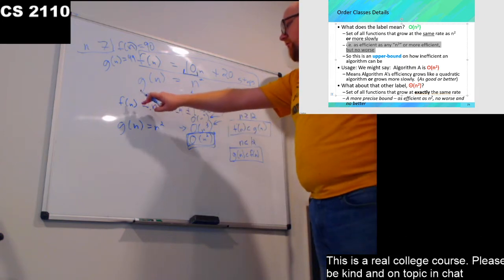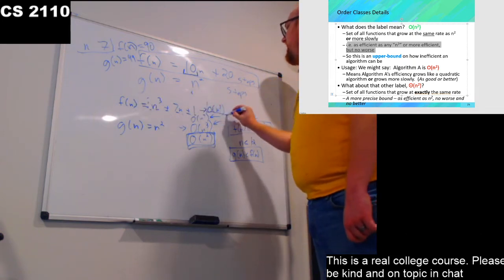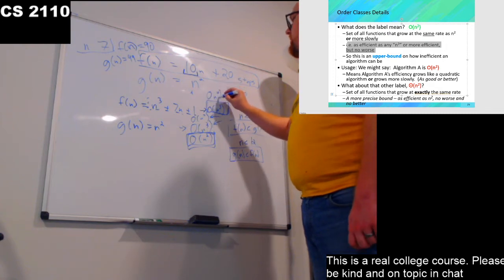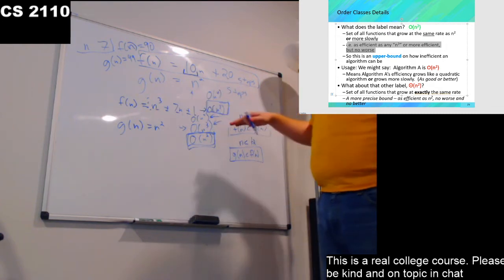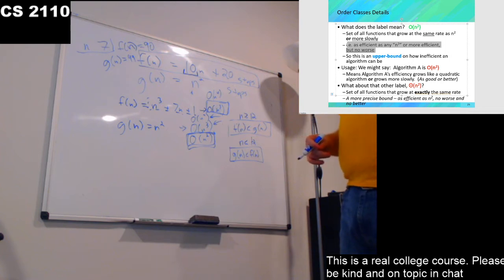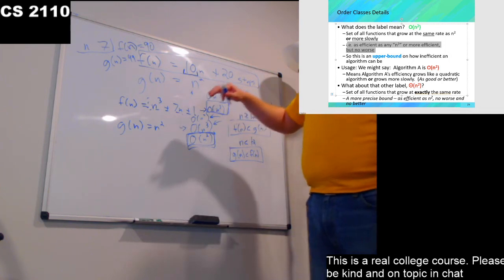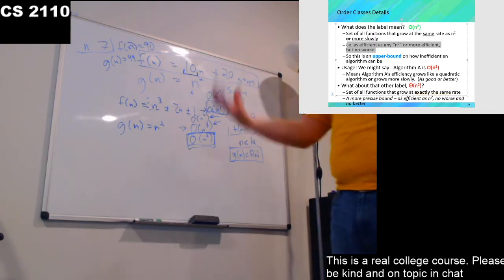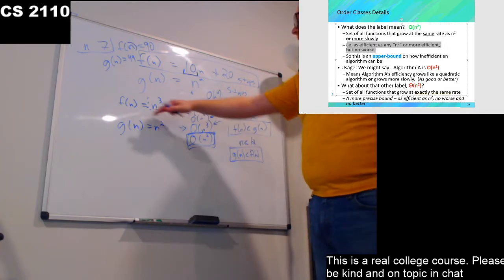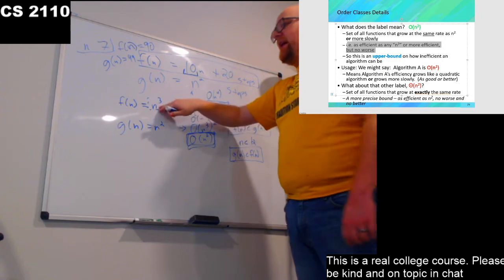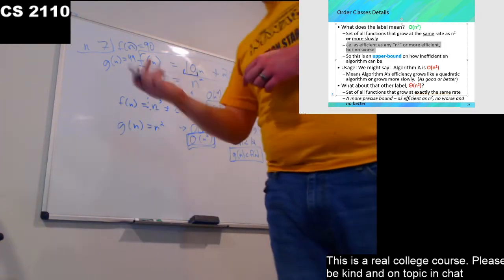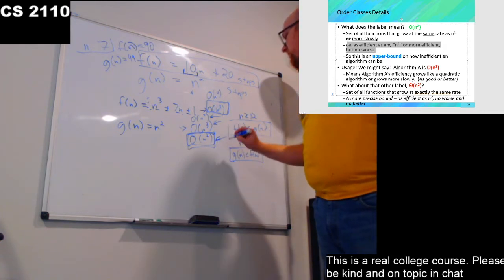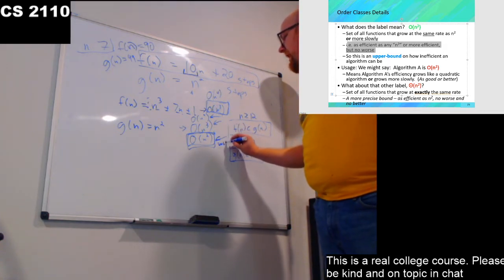This function is most tightly O of n cubed, but it is also O of n to the 4. This function is not O of n squared. So any function is as efficient or better than its largest exponent or higher, but I can't say that this function is O of n squared because of that n cubed term. Are there any questions about this? So this is the best answer, but it's not the only answer.